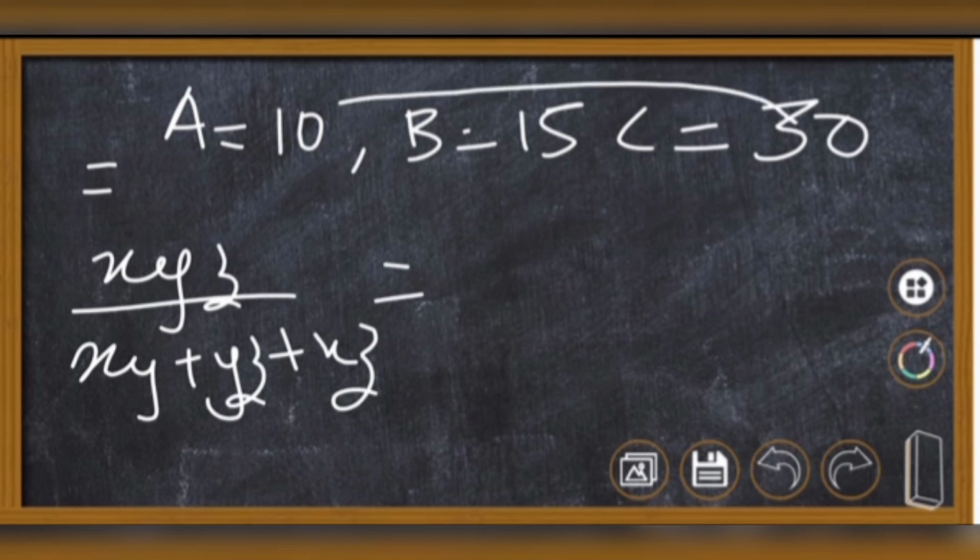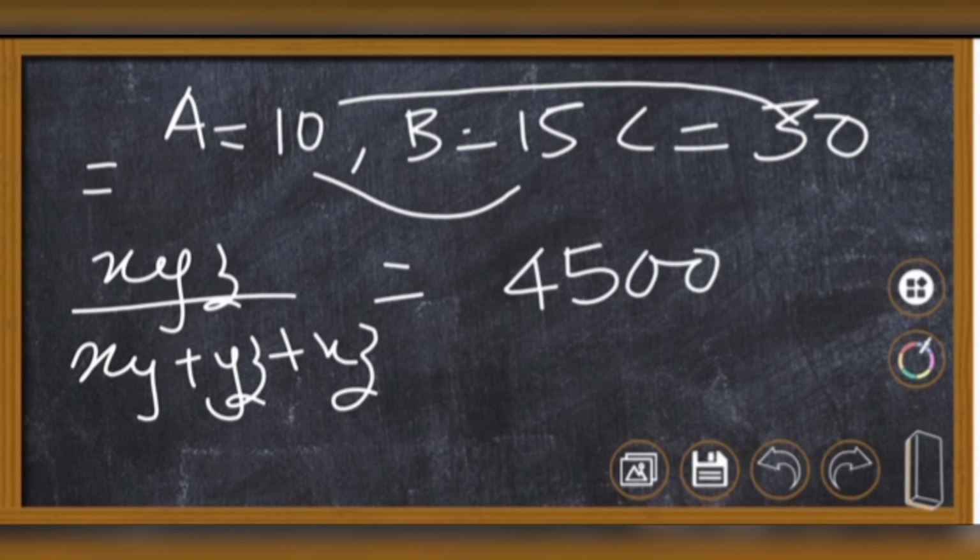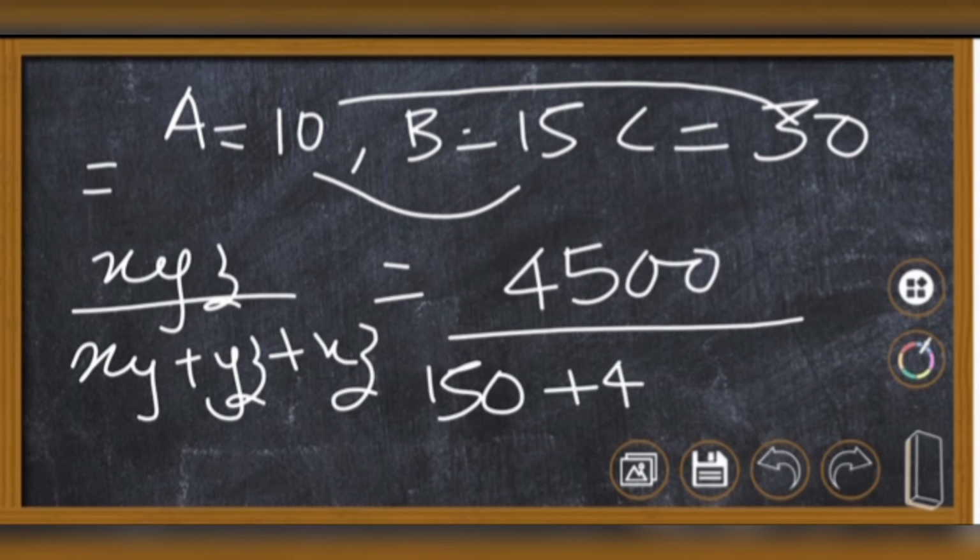That is 10 into 15 into 30, 15 into 30 is 450, and 450 into 10 is 4500, divided by xy, which is 10 into 15, that is 150, plus 15 into 30, that is 450, plus 10 into 30, that is 300. So 150 plus 450 is 600, plus 300, that gives you 900.